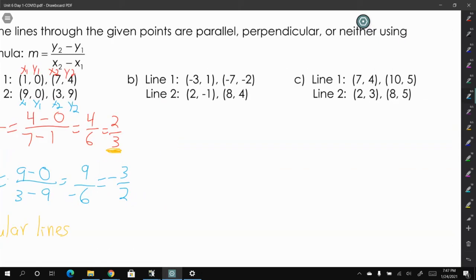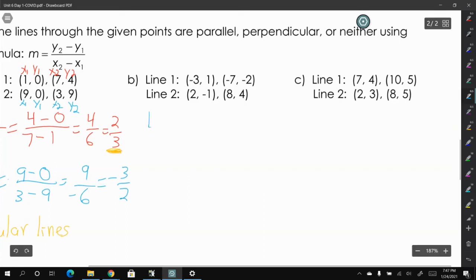All right, for letter B, I'm not going to write out the slope formula in my work, but we'll just go line 1. Line 1, I have x1, y1, x2, y2. So negative 2 minus 1 over negative 7 minus negative 3.